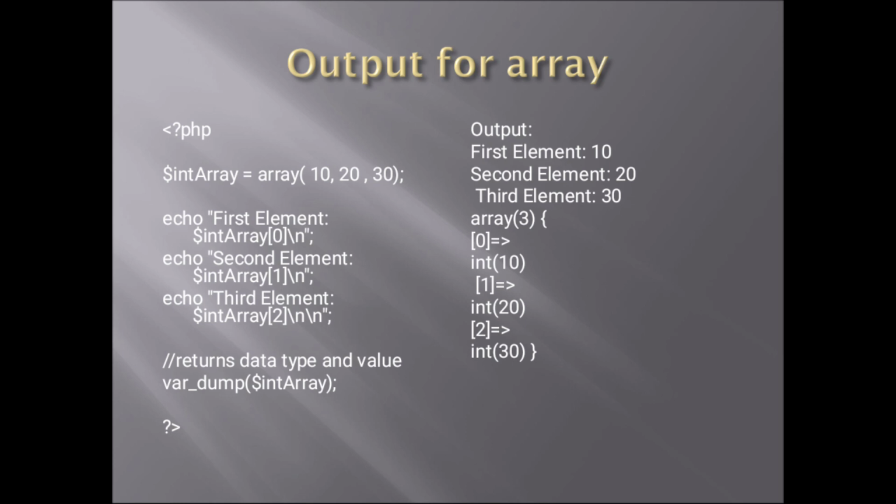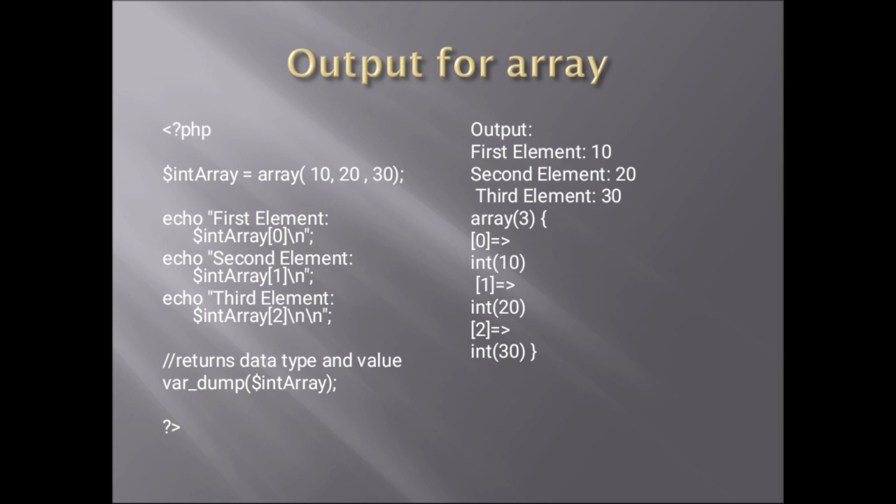In PHP, you first put the opening PHP tag, then use $int_array. You give some array values 10, 20, 30. Likewise, you bring the first element, then the second element, then the third element by array index.